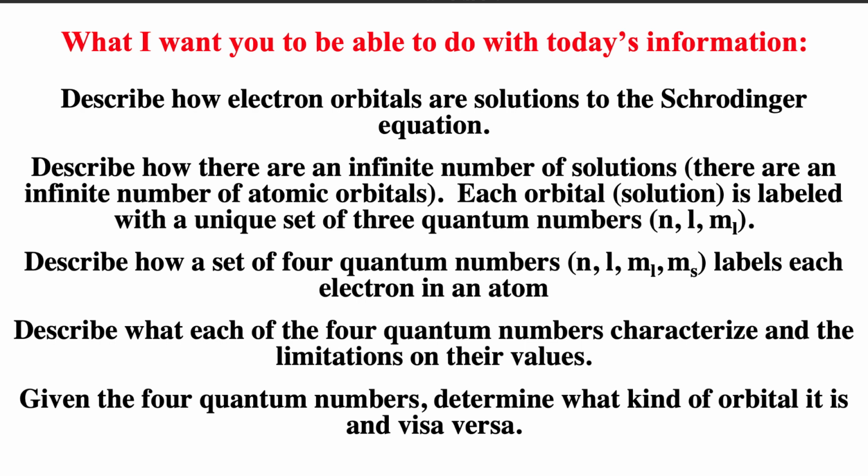So you can have a maximum of 2 electrons per orbital because m sub s has 2 possible values, plus 1/2 or minus 1/2. Please make sure you can describe what each of the 4 quantum numbers characterizes and the limitations of their values. Given the 4 quantum numbers, you should be able to determine what kind of orbital it is, and given a type of orbital, you should be able to determine the corresponding quantum numbers.